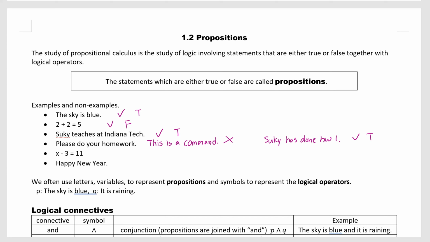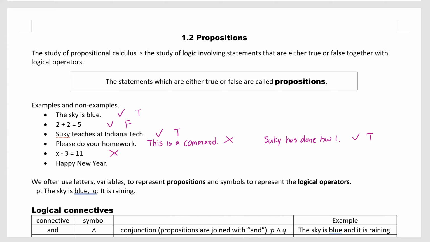Okay. Next. X minus 3 equals 11. Is this a proposition? Not really, because we don't know what X is. So that's why here we cannot say whether it's true or false. So this is not a proposition.